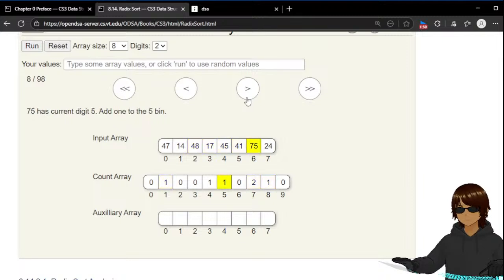But when we are doing it the second time, don't we need another auxiliary array? Wait, what's happening? So 7 appears one time, so increment that; 4, increment 4; 8, increment 8; 7; 5; 1; 5; and then 4. Now we do a rolling summation of the count array to be used next as position.